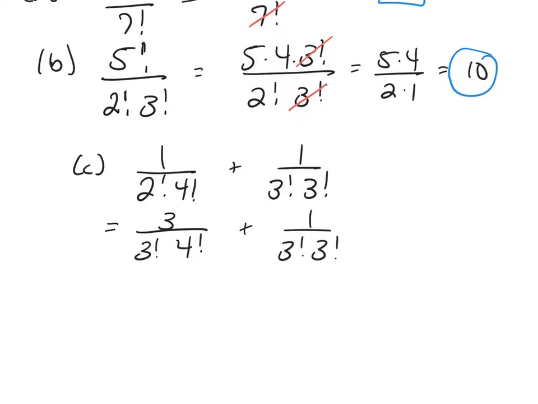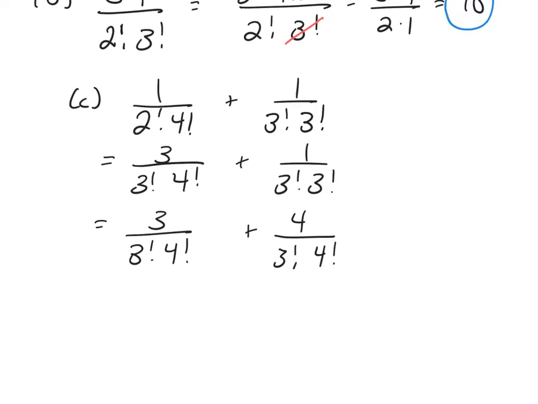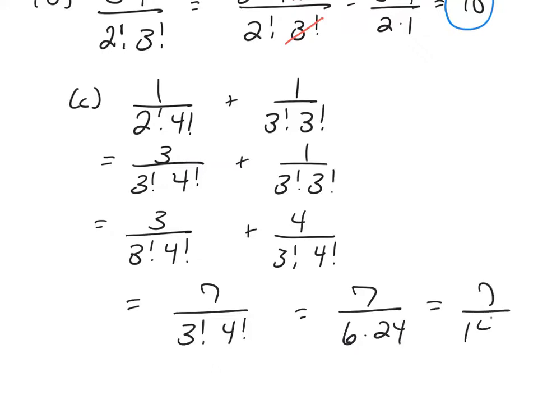And they almost have the same denominators now. I'm going to take that second fraction and multiply top and bottom by 4. And now they have the same denominator, so you can combine them into 7 over 3 factorial times 4 factorial, 7 over 6 times 24, or 7 over 144.